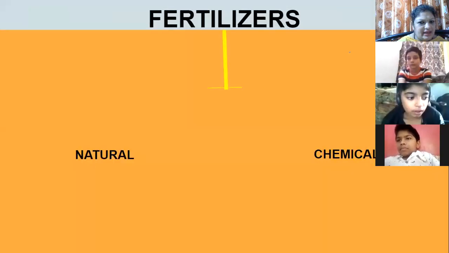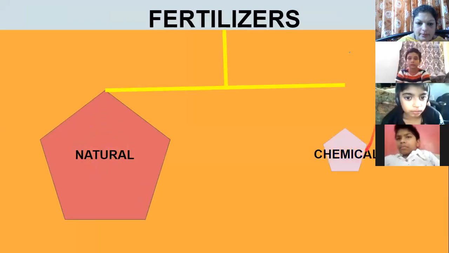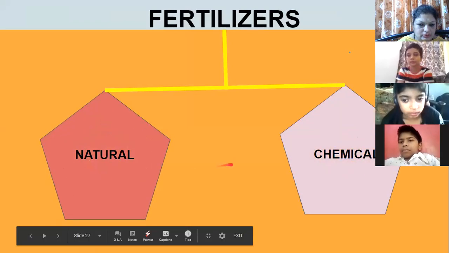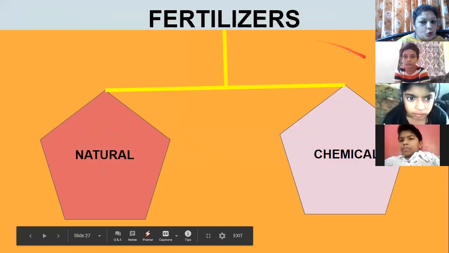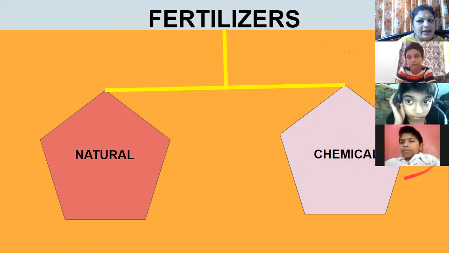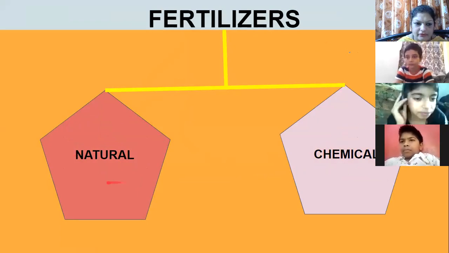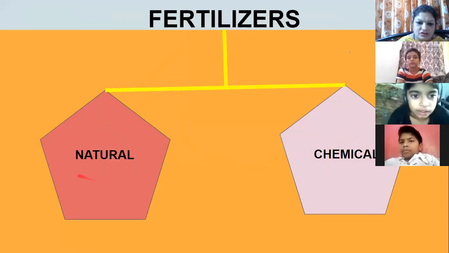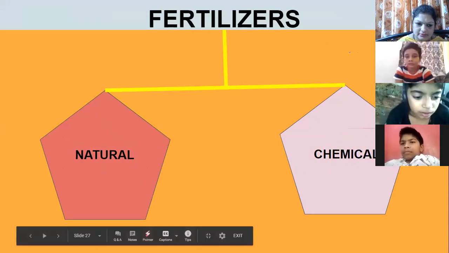Now these fertilizers are of two types. I will ask you at the end of the session which are the two types of fertilizers: natural fertilizers and chemical fertilizers. The two types of fertilizers are natural and chemical.